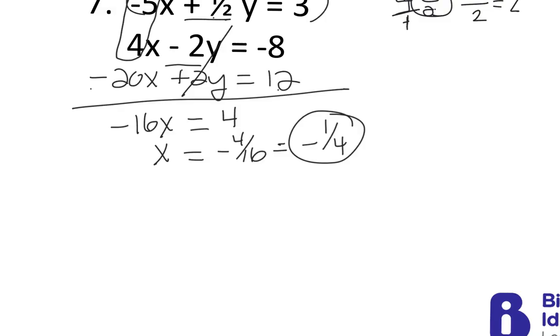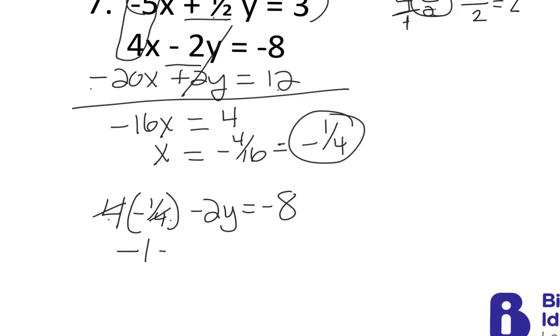So now I need to substitute that in. So let's put 4 times x. So 4 times negative 1/4 minus 2y equals negative 8. My 4's cancel out, and I'm left with negative 1 minus 2y equals negative 8. Oh, and we're going to add 1.